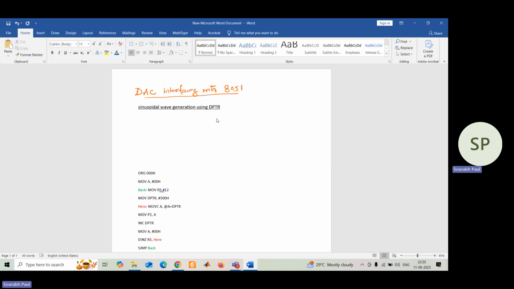Now, if I write an equation of a sinusoidal wave, for example, x equal to 5 plus 5 sine theta. Now this signal, if I draw it, will look like this. This signal has a minimum value of 0 and a maximum amplitude of 10 volt.